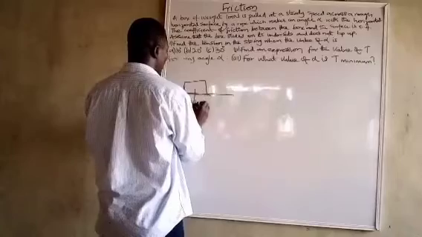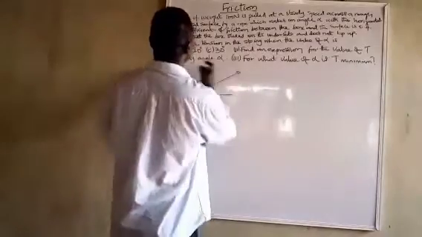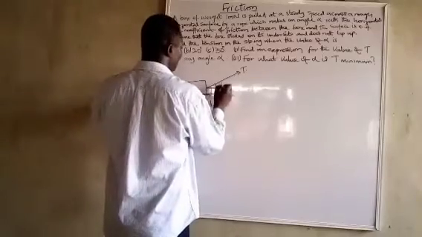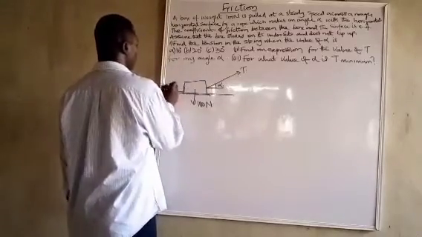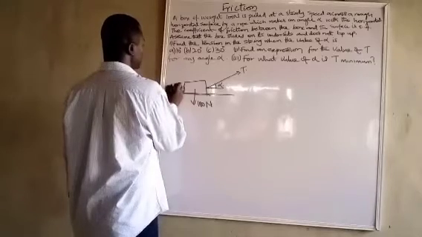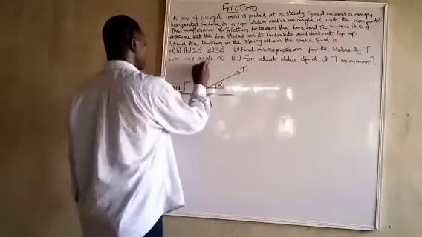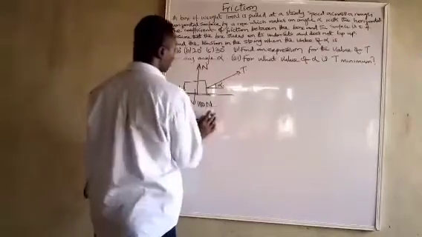And this one is 100 Newton. And we have a body here, making angle alpha with the horizontal. We have frictional force, which is mu N, and mu is 0.4, and N is the normal reaction.